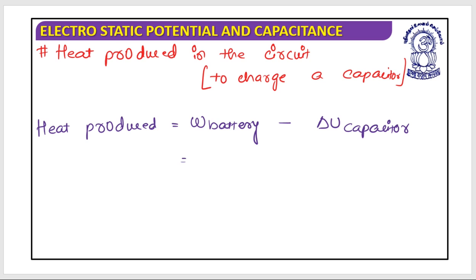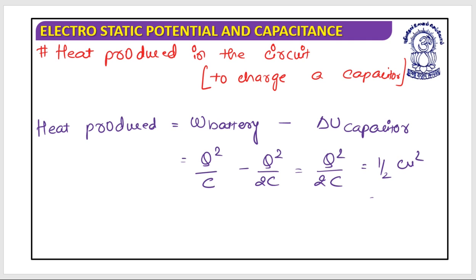Now what is the work done by the battery? Let's say it's Q square by C. What is the change in the capacitor energy? It's Q square by 2C, and the term remaining is Q square by 2C. This is 1, this is half, you know this. So this is Q square by 2C or half CV square or QV by 2.